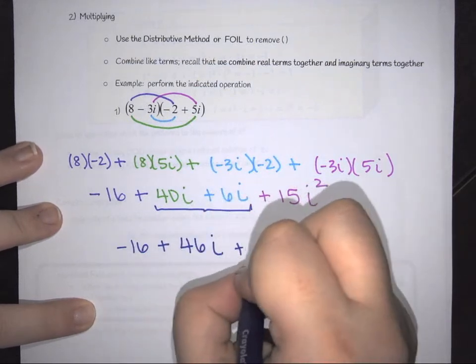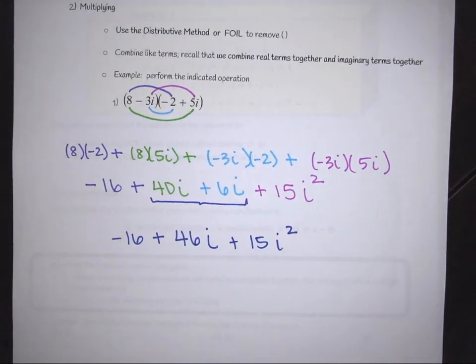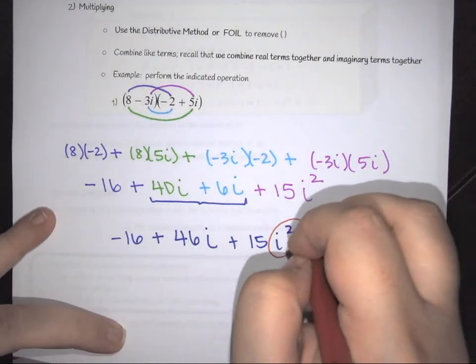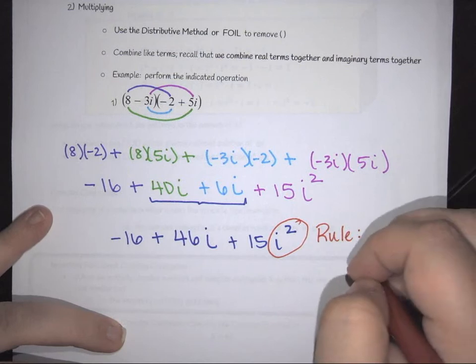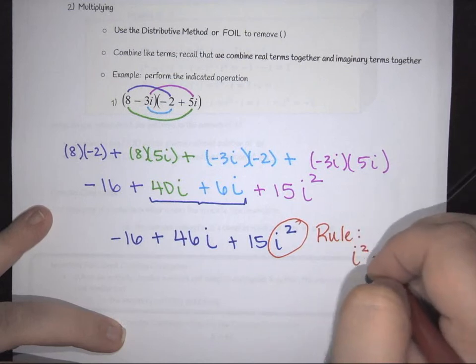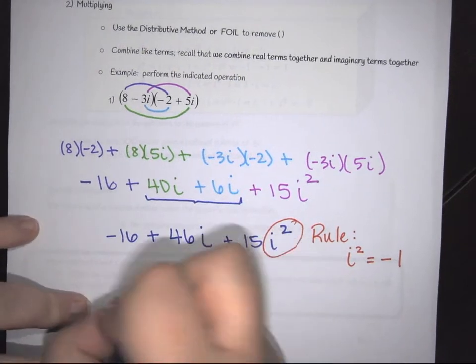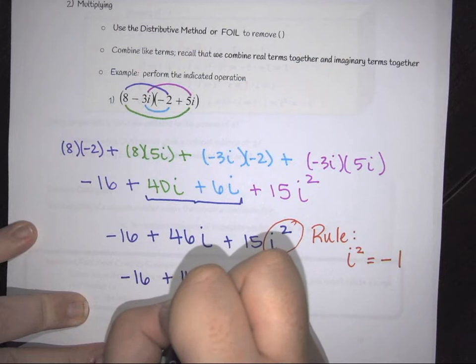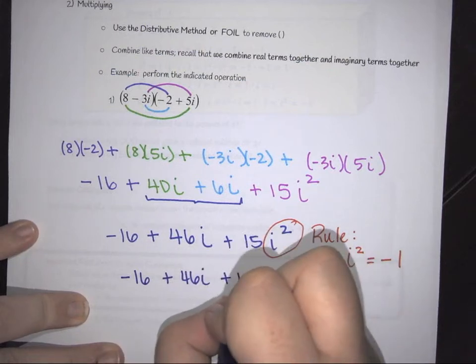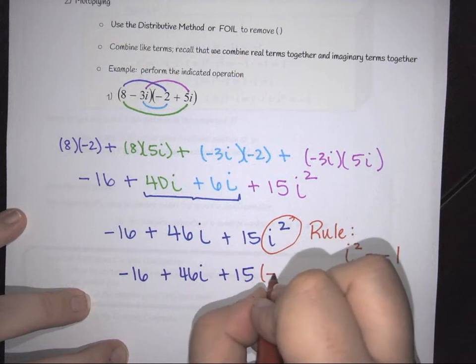We then have plus 15i squared. Well, one of the things that we know is that this i squared here is going to follow my rule, which says that i squared equals negative 1. So therefore what that means is we have negative 16 plus 46i plus 15, and then this is times negative 1.